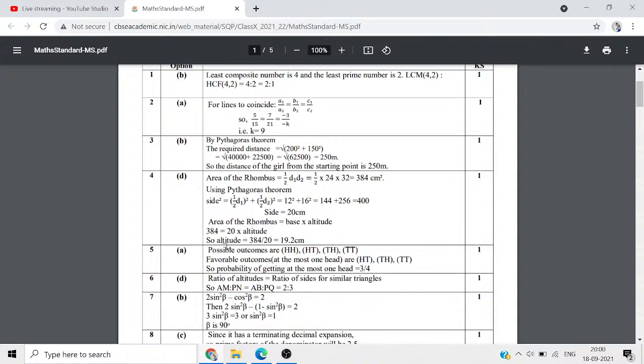So there will be only one option which will be rejected, that is this one, when we have both the heads, because then we'll have two heads, but we need at most only one head. If it would have been at least one head, it means one head or more than that. So three outcomes are possible, as you can see from here: head tail, tail head, tail tail. So your probability becomes 3/4.